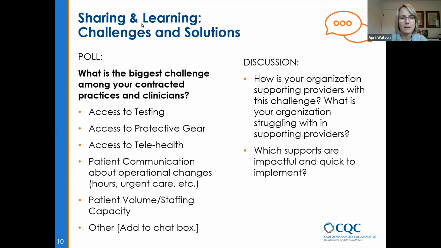I'm really curious about, and I think I saw some participants here who are with IPAs, those solo or very small practices, and whether and how they're getting support. Is there anyone on this call who might be part of an IPA-type organization or works with small practices? Or is that a real gap, which is a possibility? Just curious to know what you're hearing and doing, and would love to surface that.